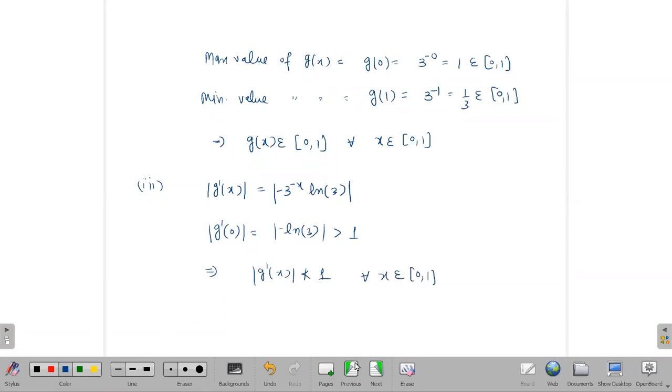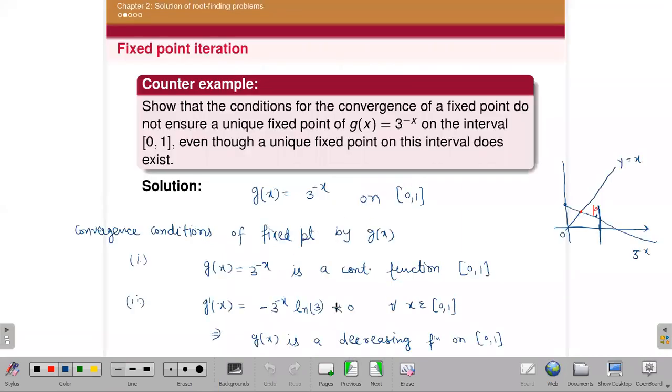This way you can show that any one of the conditions is not satisfied by this g of x in this interval, even though a unique fixed point exists in this interval. So these conditions are only sufficient conditions, not necessary conditions. Because if the conditions are true, then you will always get a fixed point. But if you have a fixed point, then you cannot say the conditions are true for that g of x.